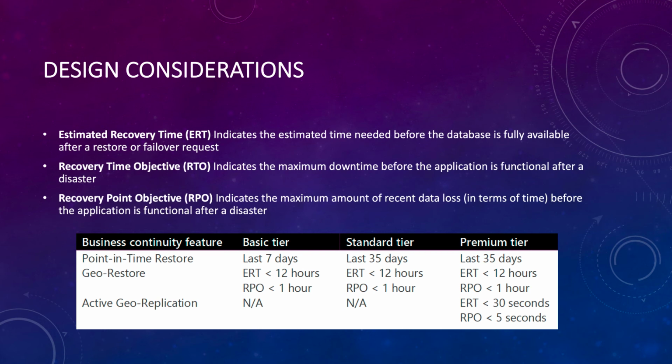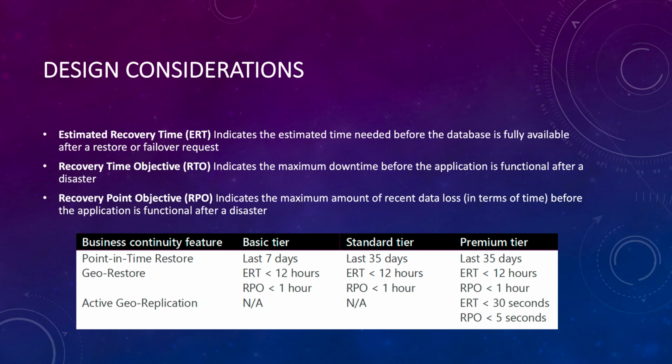So before going there, let's move over some of the terminologies for this table. We have estimated recovery time or ERT, which indicates the estimated time needed before the database is fully available after a restore or failover request.